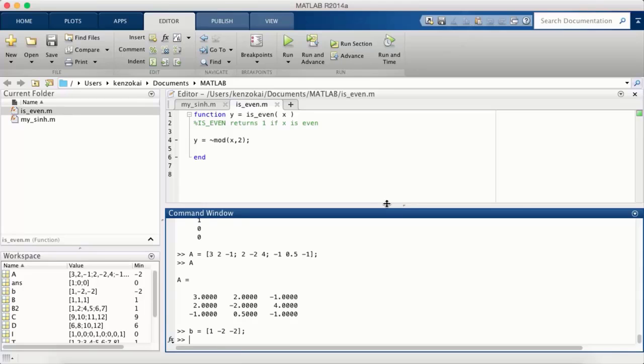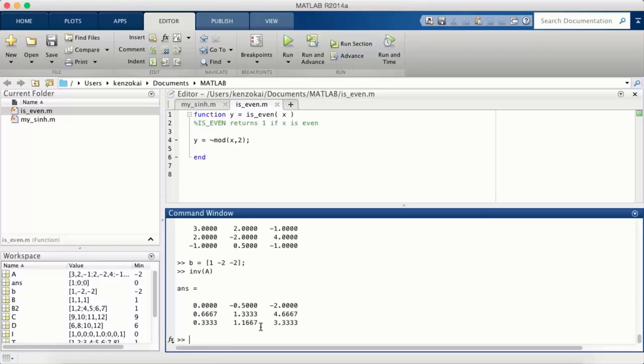Okay, so when you're working with equations like this, you might be tempted to do just simple algebra. So you could say x is equal to the inverse of A times B, because mathematically that works. So I can do that.